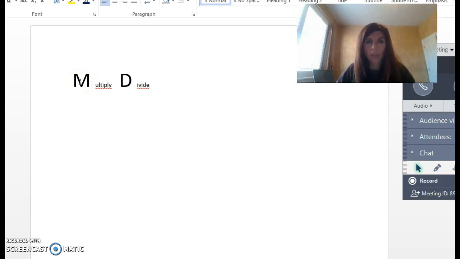The first thing you're going to do, from left to right, like you're reading a sentence, is multiply and divide. So multiply would be first.